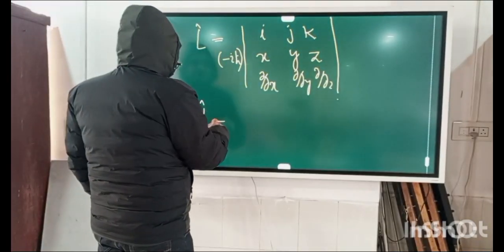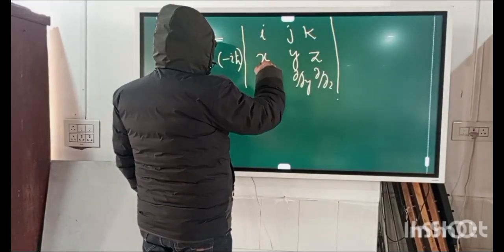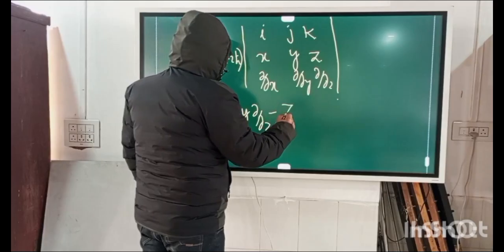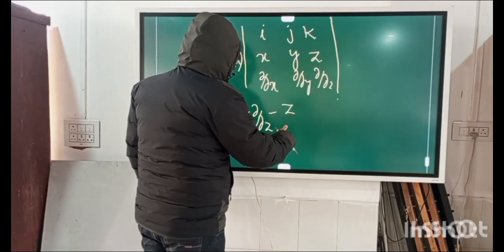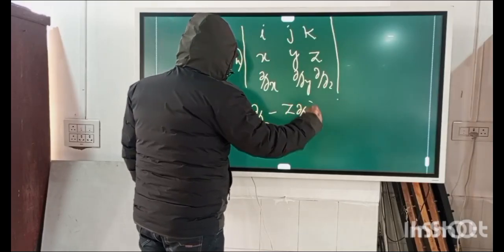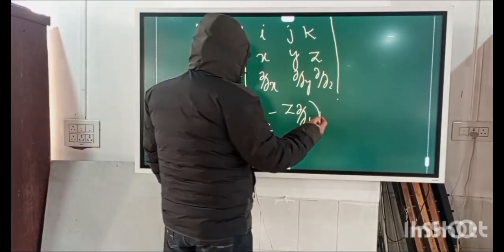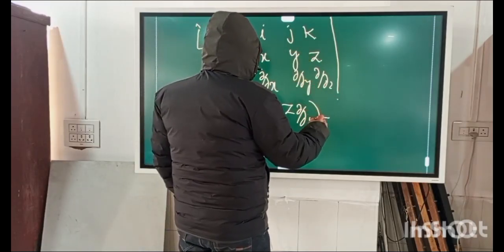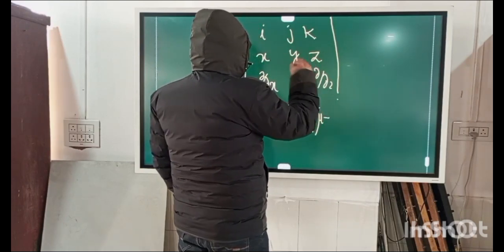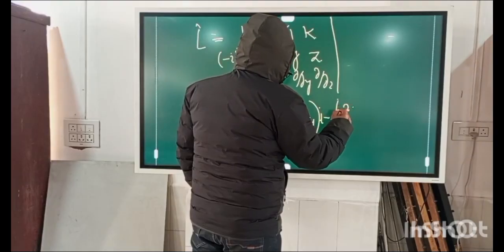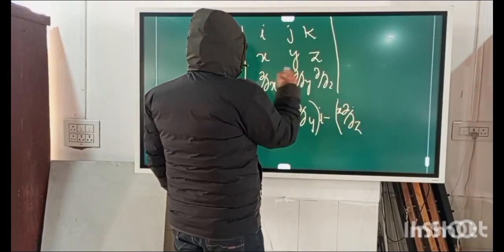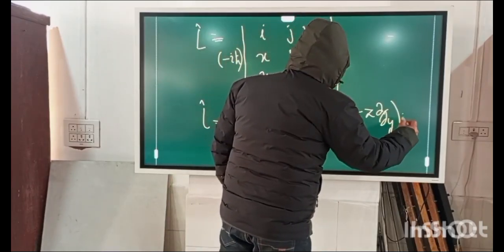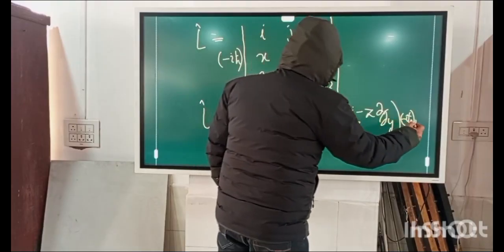Now you can open this determinant and find L. You will have i times y dou by dou z minus z dou by dou y, with minus i h bar outside. Then the next term, minus j times x dou by dou z minus z dou by dou x, multiplied by minus i h bar.